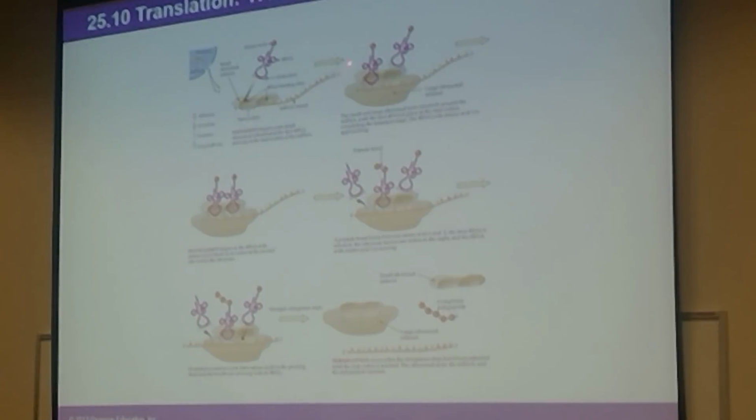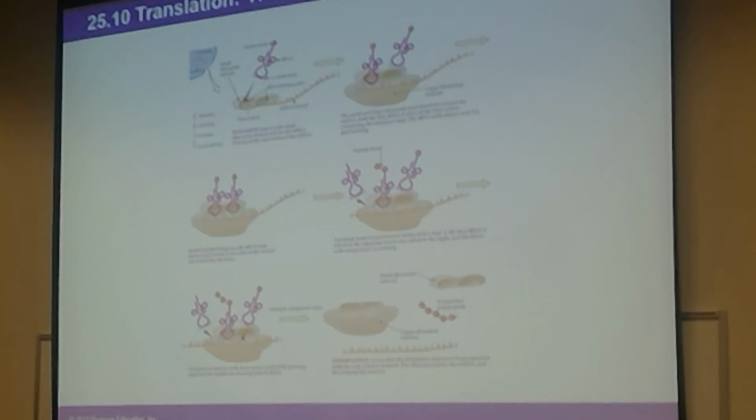So first, the mRNA that is transcribed in the nucleus, after modification, comes out from the nucleus and comes to the ribosome, and then it gets bound to the small subunit of the ribosome.